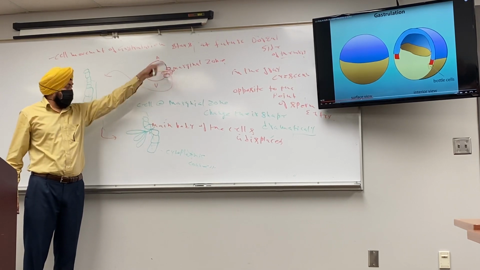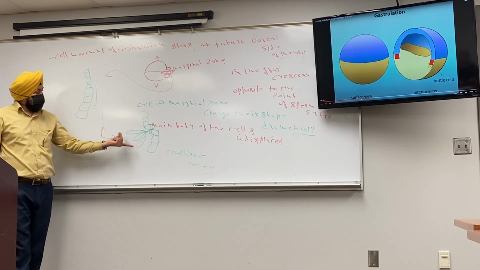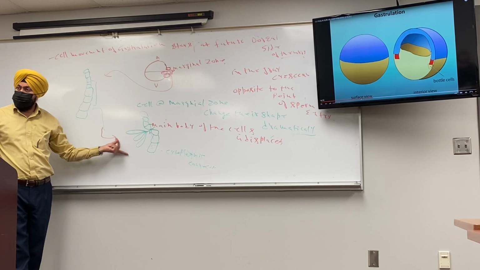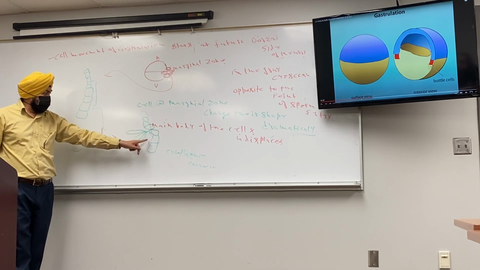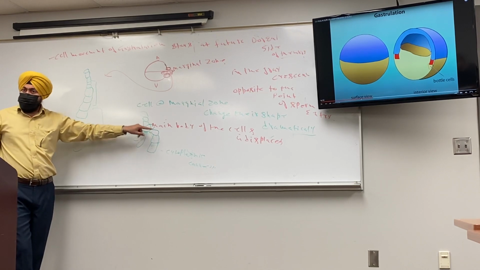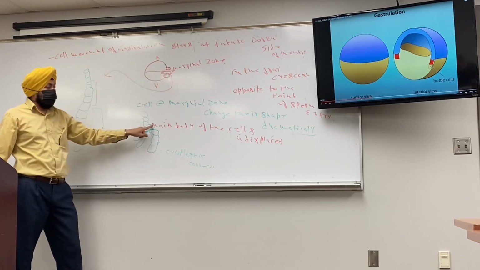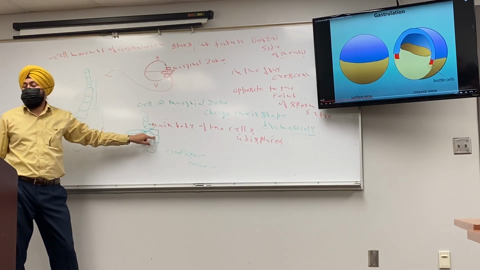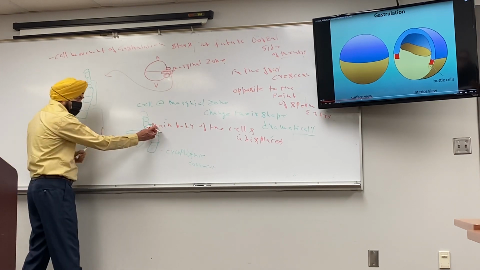So because the cells at the marginal zone change their shape in a way that they form a bottle shape, and they are connecting to the rest of the cell just by a small cytoplasmic connection, that caused the cells in the animal pole to come in contact with the cells of the vegetal pole. Now, then a constriction is formed.